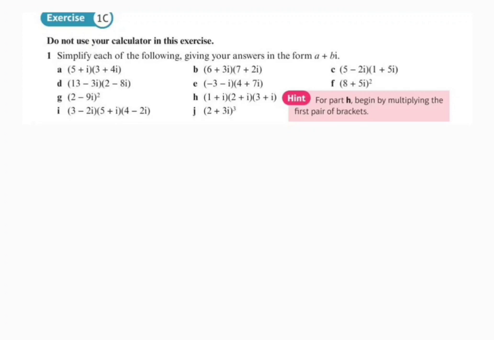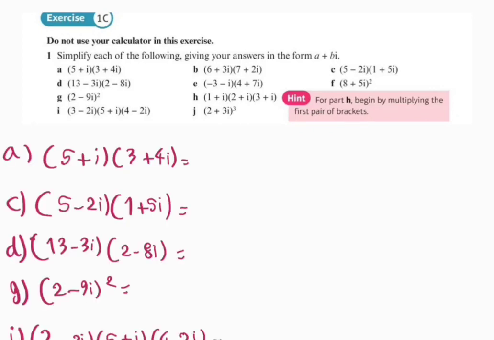The method is very similar to the usual way of expanding brackets when you have algebraic expressions. The only difference is being aware of the complex unit, which is i, and how that can affect our calculation. So in this video you will see how you can do such expansions.